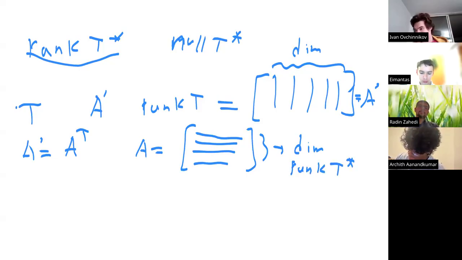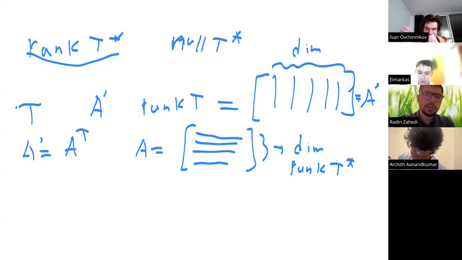So basically, for a matrix of T, the rank of T star is just the row rank of A. But we know nothing yet about what the row rank of A is. Sure, we know that the column rank is the rank of T, but we don't know yet what the row rank is. So this method doesn't work. We have to appeal to some other method.